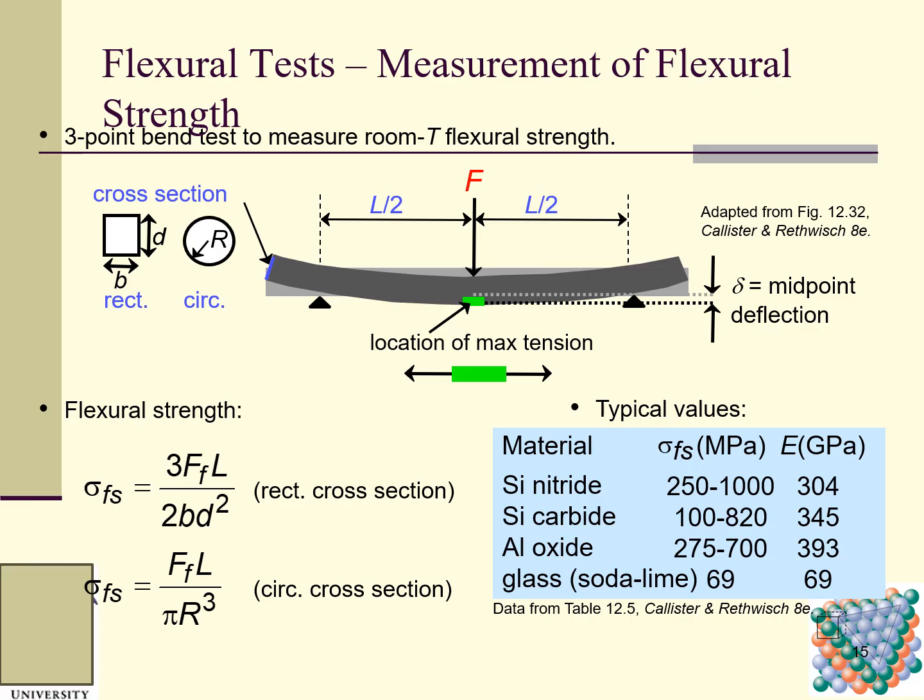F is the force at which the material starts fracturing, starts cracking. This is called F_F. For typical materials, silicon nitride, silicon carbide, aluminum oxide, and soda lime glass, we have this sigma_fs, the fractal strength, and also the corresponding Young's modulus.